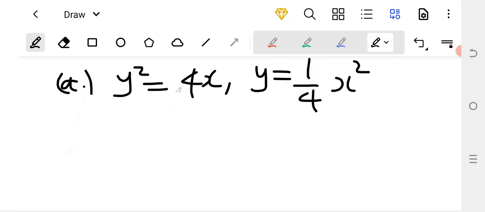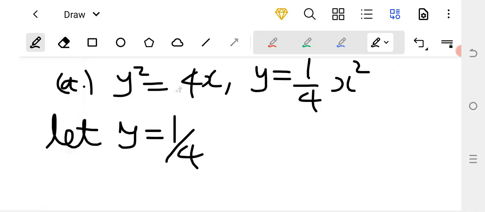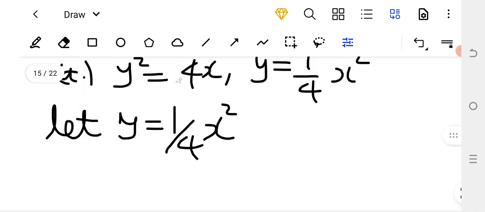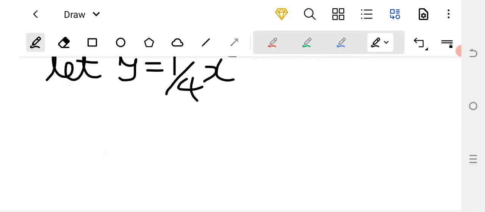What we are going to say is, let y be equal to 1 over 4x squared. So this same one here. If we say that, it means where there is y, we're going to put 1 over 4x squared.